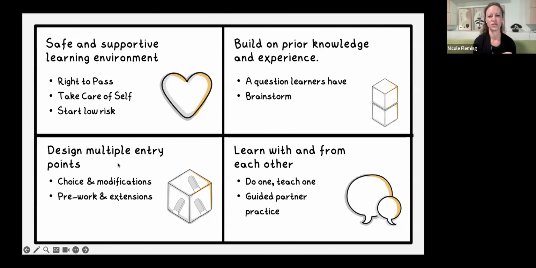When you tell your learners that they need to explain it to someone else, them just thinking through how they would do that helps them learn it better. So they don't actually have to do it with another person. So those are some lower risk activities that you can do if they're not quite built up to teaching each other or doing the guided partner practice.